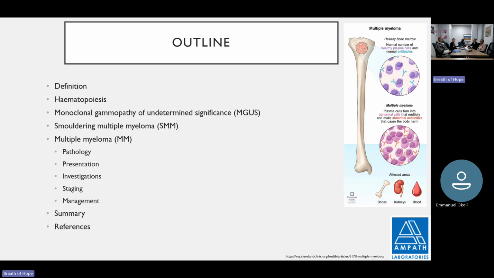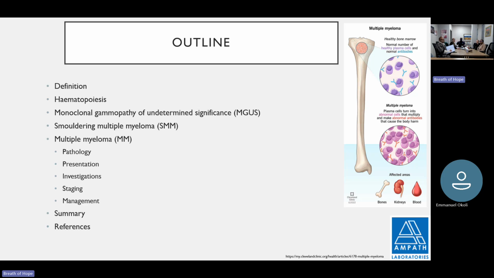So the outline for today is I'm just going to talk about the definition. And I'm also going to recap hematopoiesis so that we can see where the cells are being produced and where the mutation occurs leading to this plasma cell dyscrasia. And then I'm going to talk about the disease entity of how it starts, starting with monoclonal gammopathy of undetermined significance, moving over to a smoldering multiple myeloma.